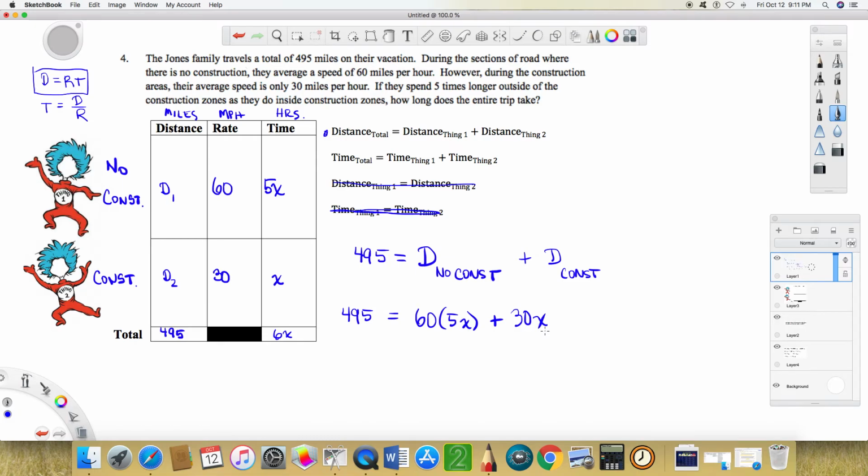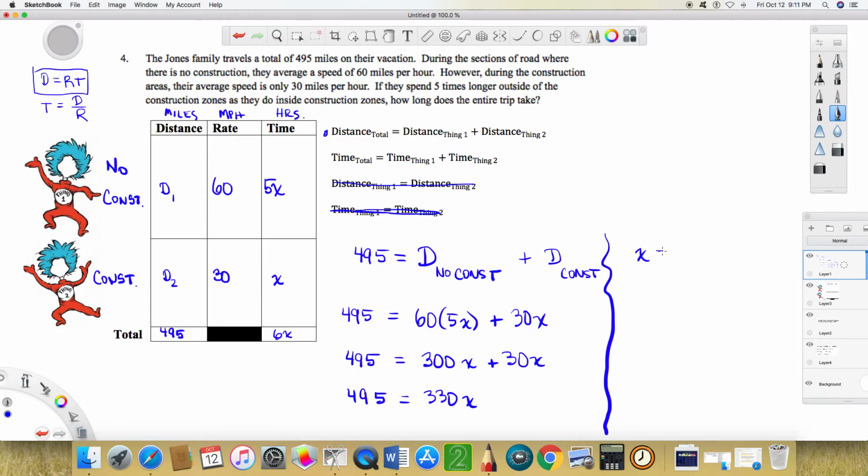And now we have one equation and one unknown, and we can solve it. So we have 495 is equal to 300x plus 30x, which is 330x, and I've run out of room, so I'm going to continue over here.